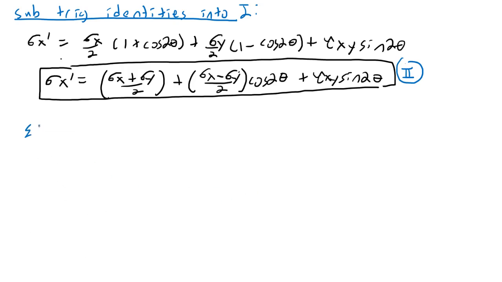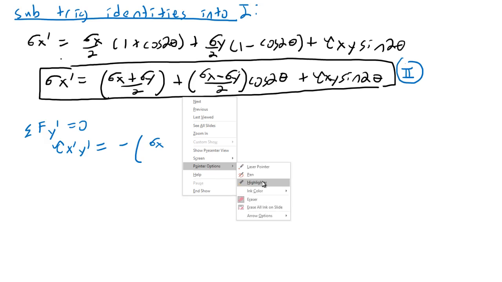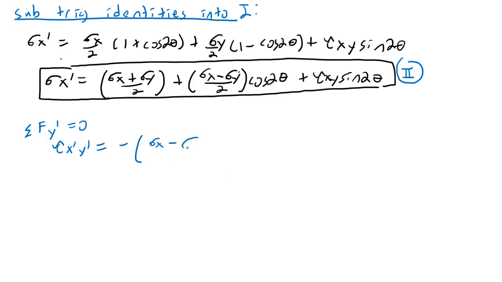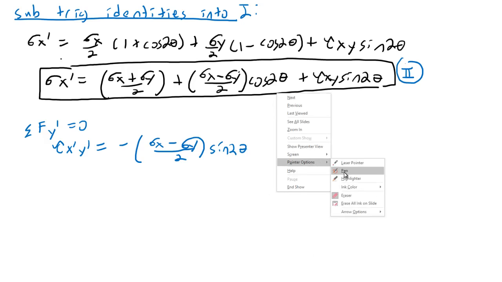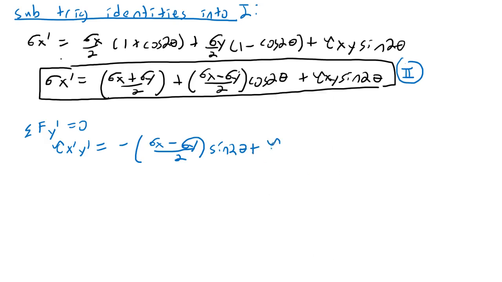If we sum forces along the y prime direction equals 0, we get that tau x prime y prime equals negative sigma x minus sigma y over 2 times the sine of 2 theta, plus tau xy cosine of 2 theta.